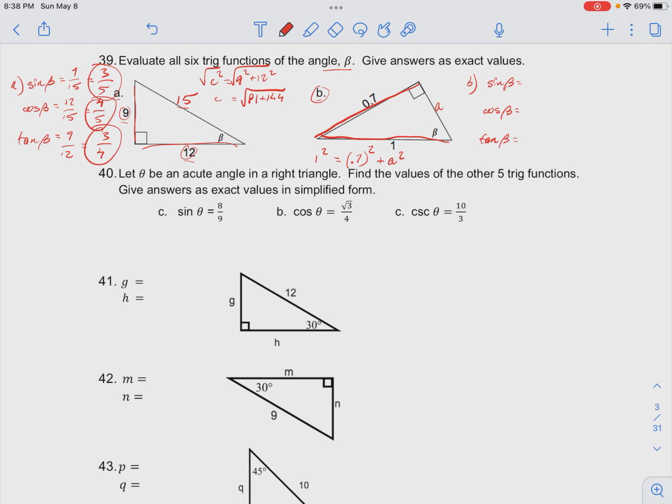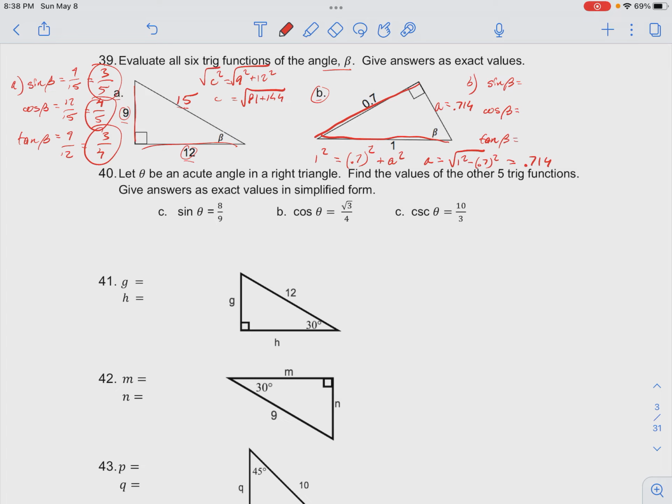Rearranging for a gives a as the square root of 1 squared minus 0.7 squared. So a is equal to 0.714.